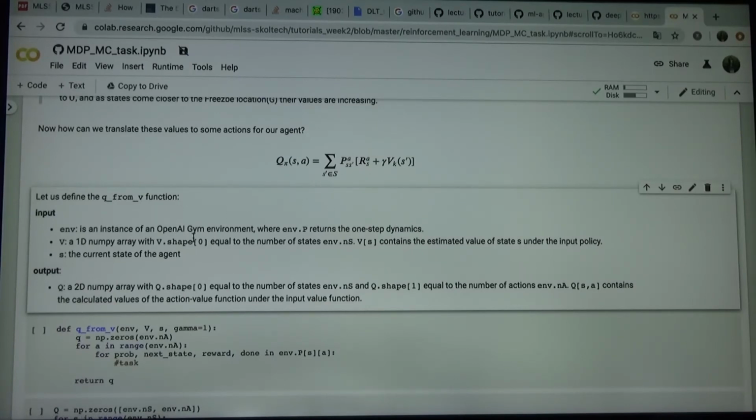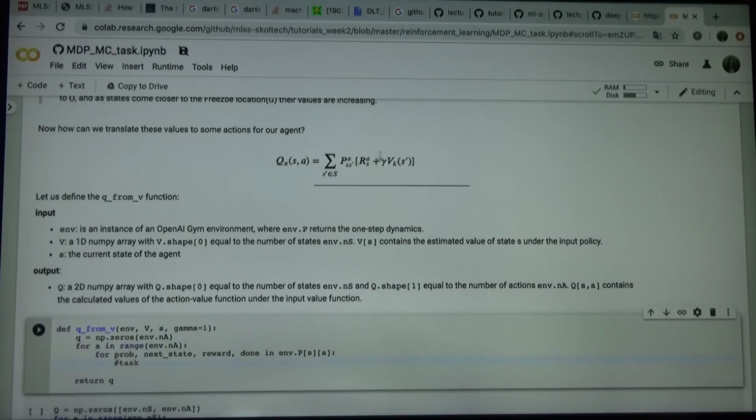So let's implement this formula. It's going to be relatively straightforward because I already did all of these loops that I don't like to code.